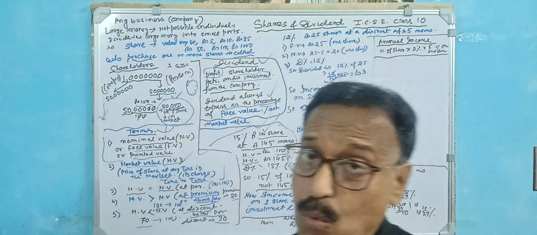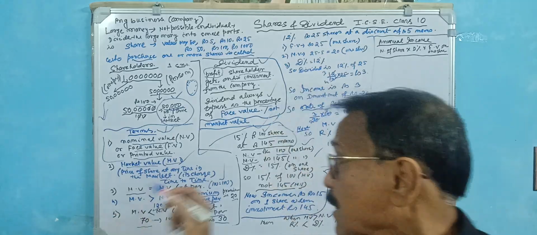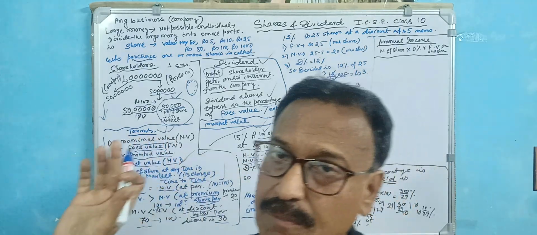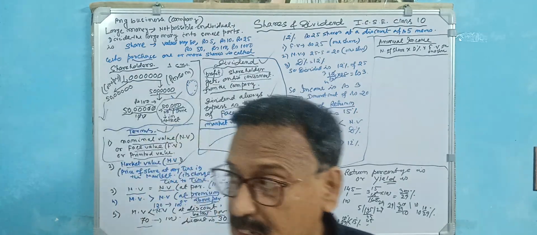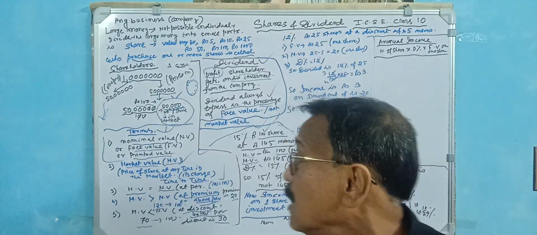This is the meaning of this line: 15% rupees 100 share at rupees 145. They have not told you anything else, so just understand the inner meaning of this language, a very important thing.